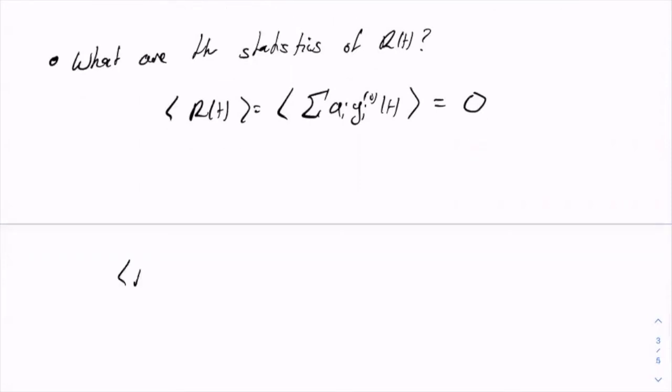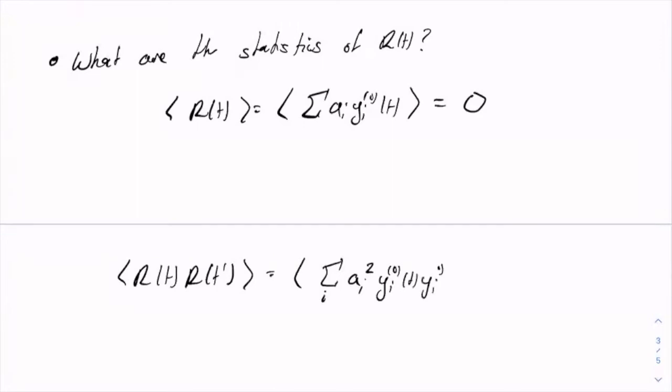The variance of this fluctuating quantity R is then given by squaring that sum and averaging it. So these are uncorrelated harmonic variables, so I can assume that their cross terms go away and I'm left with a_i squared y_i naught at t, y_i naught at t prime.